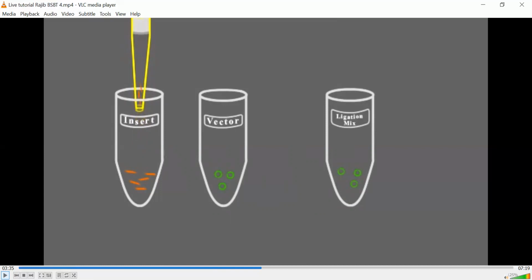So the same tip cannot be used for each and every sample. You should pick one pipette tip for taking the insert, one for the vector. Each and every time you have to make sure that you are not introducing any cross contamination, right?